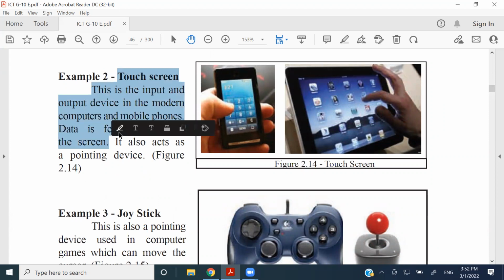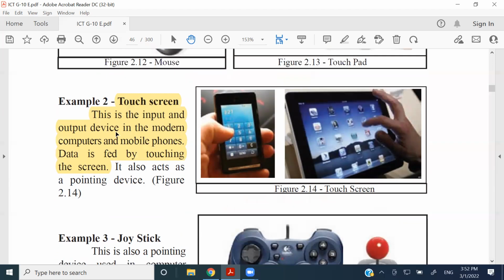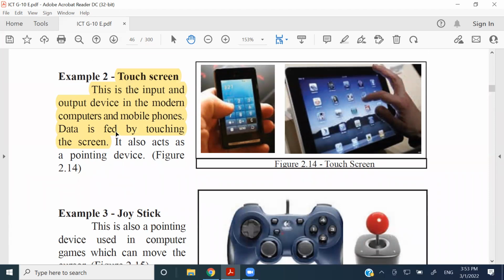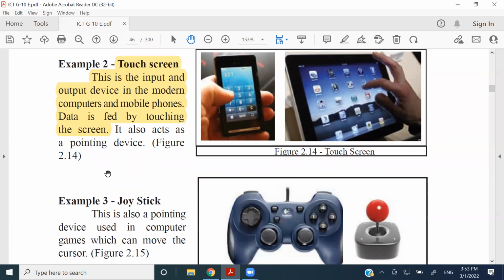Yeah, it's better you write this small explanation under it, because both touchpad and touch screen go together. And this is for the joystick.